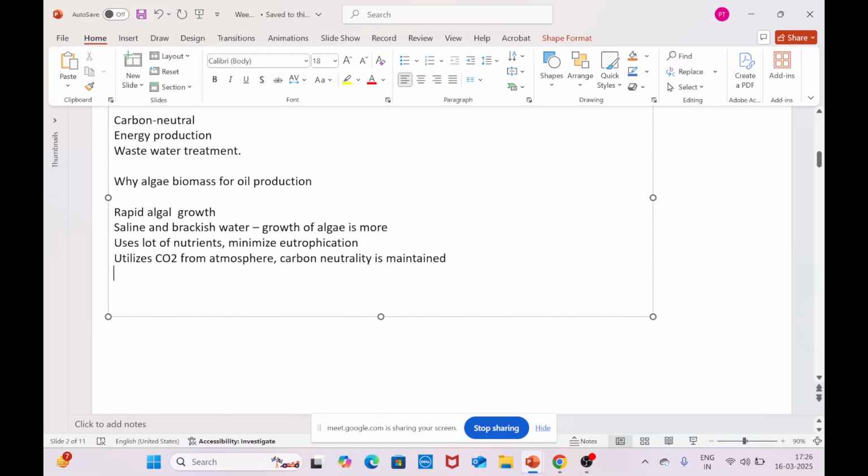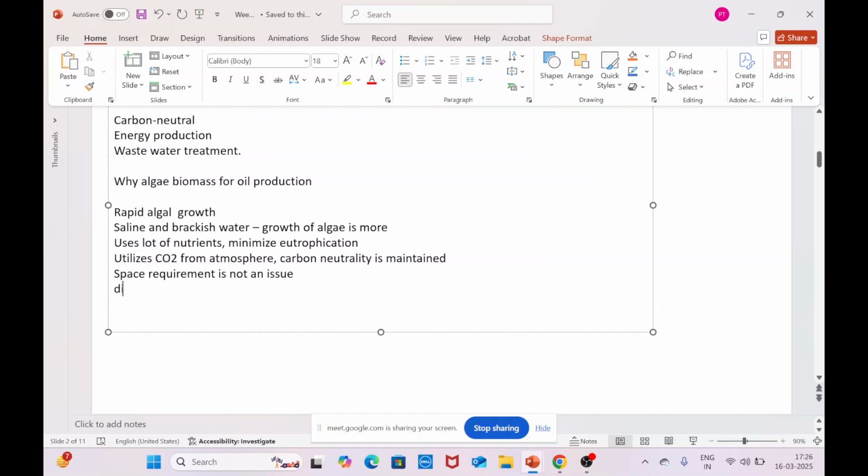Then apart from that, space requirement is not a big issue. I guess we have almost covered all the factors.